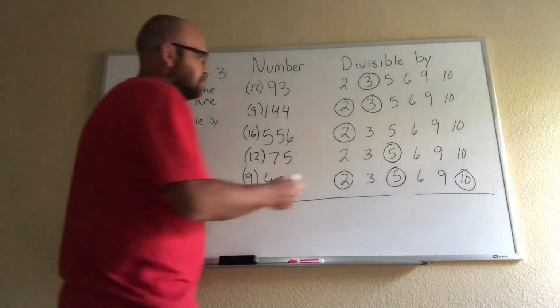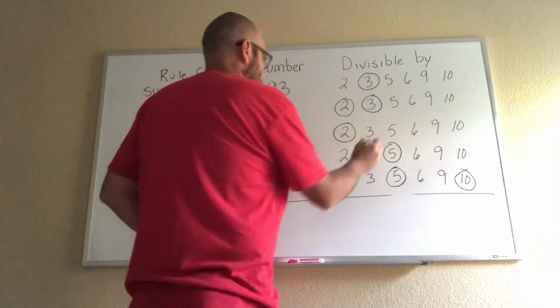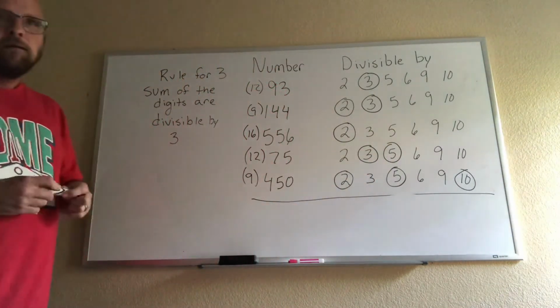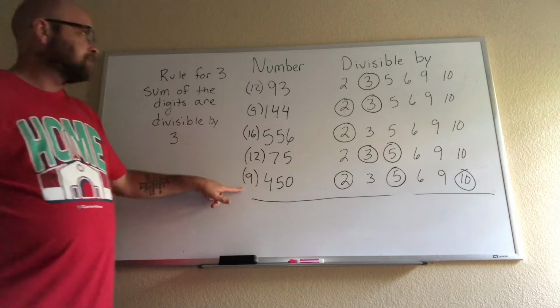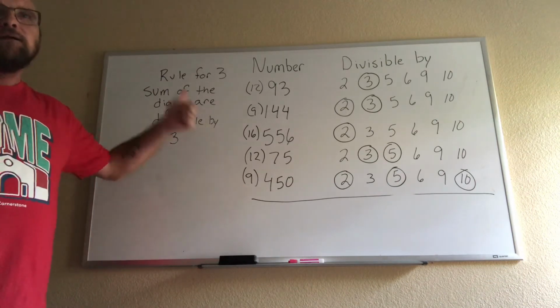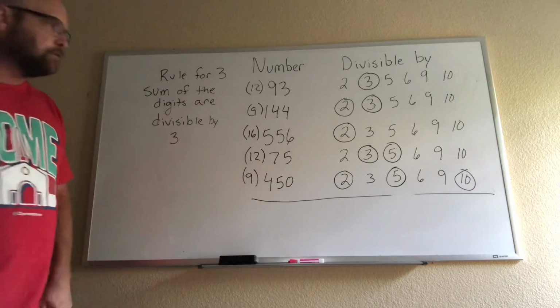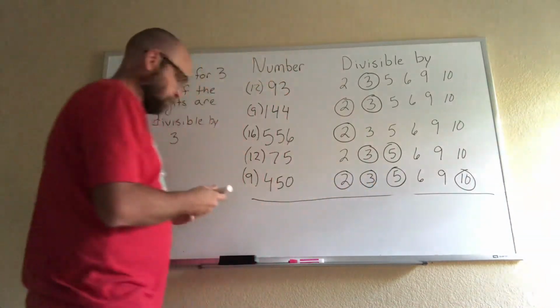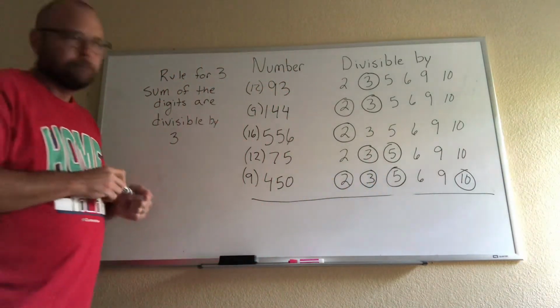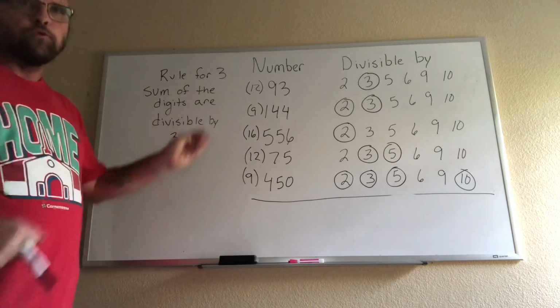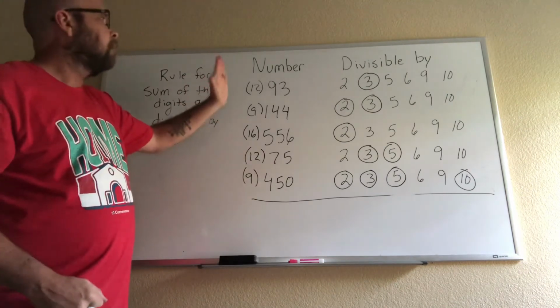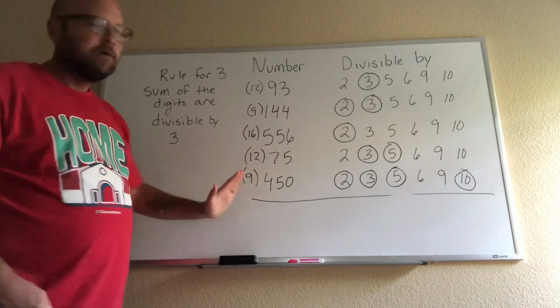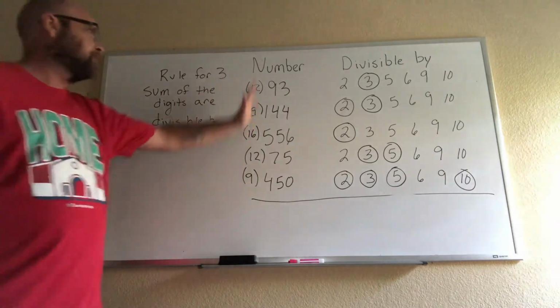So this one is divisible by 3. Does 3 times anything equal 9? Yes. 3 times 3 equals 9. So this one is divisible by 3. So the rule for 3: add the digits together and see if 3 times anything equals that number.